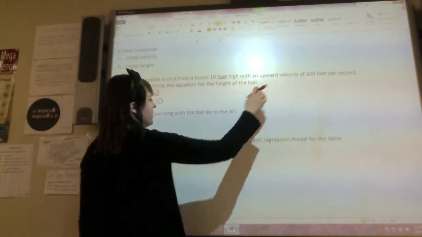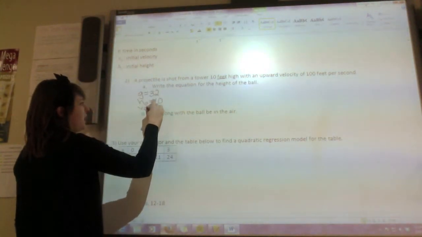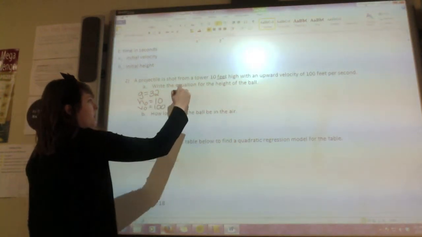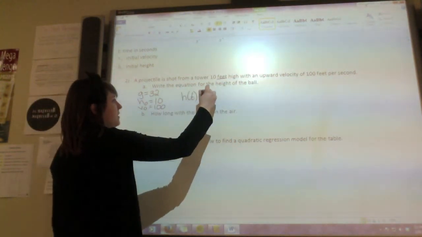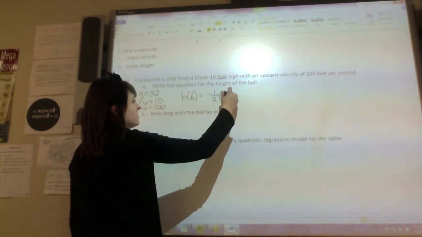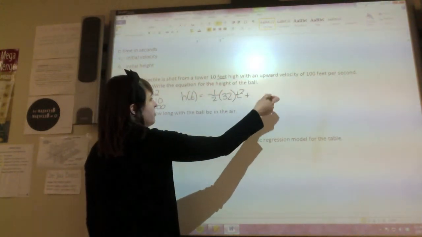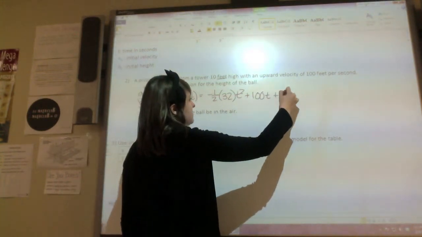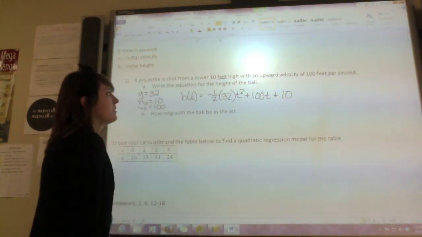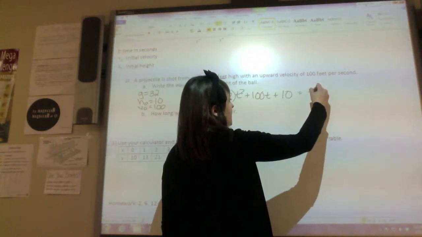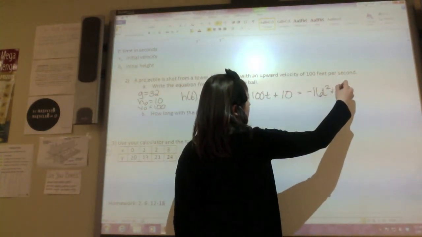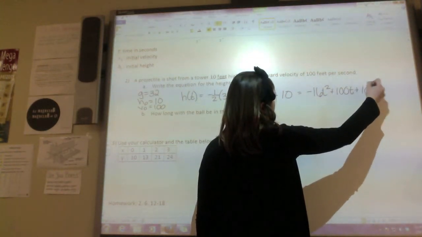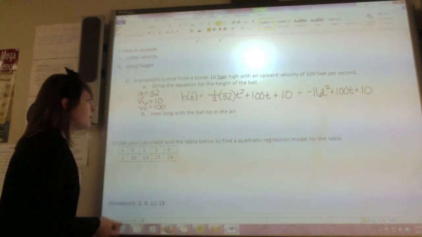And my initial velocity is going to be 100. So I've got h of t equals negative 1/2 times 32 times t squared plus my initial velocity, 100 t, plus my initial height. When I simplify that, I just get negative 16 t squared plus 100 t plus 10. So that's going to be my equation.